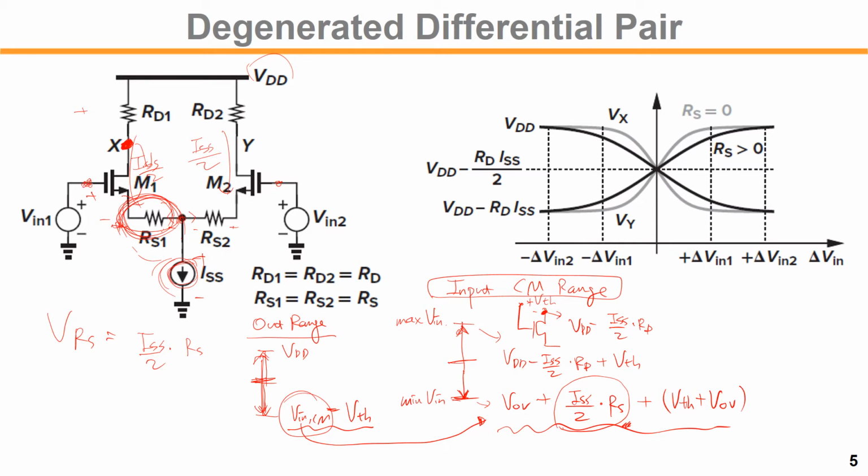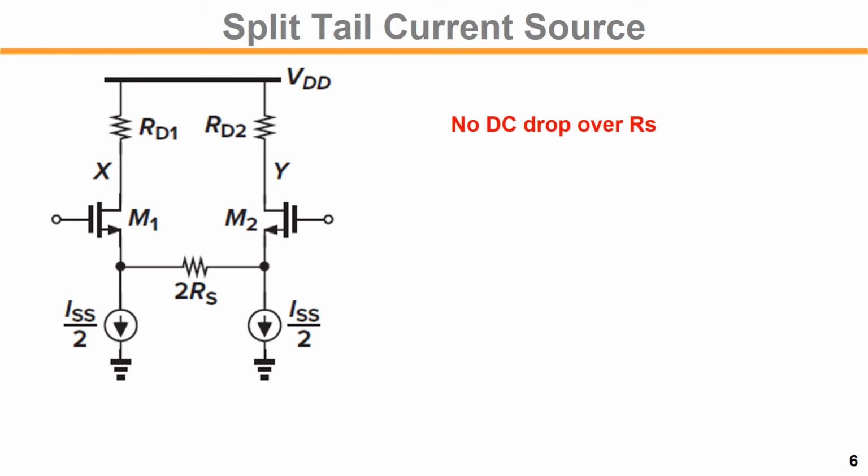We can do that in the following way. This is the split tail current source degeneration. In this implementation, the source current is split into two branches.